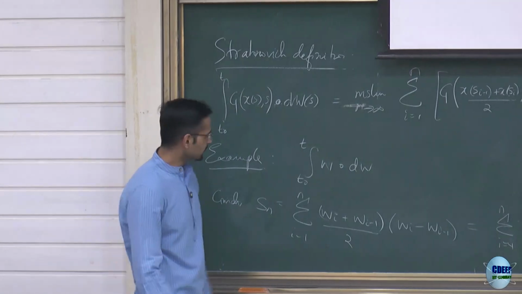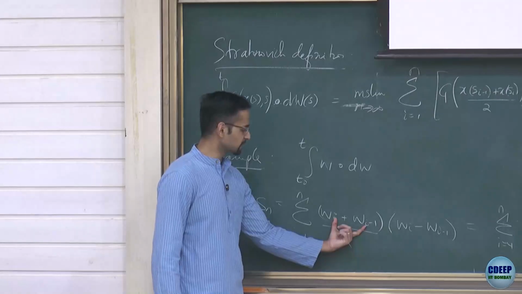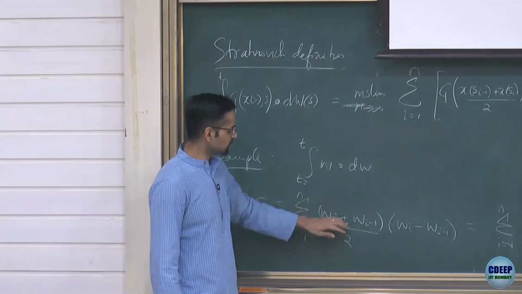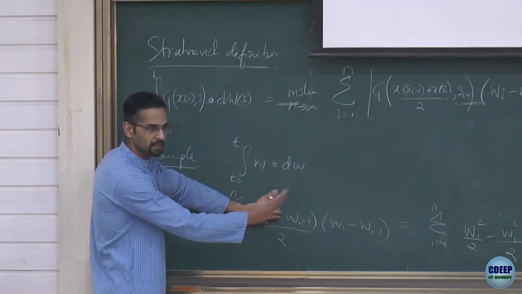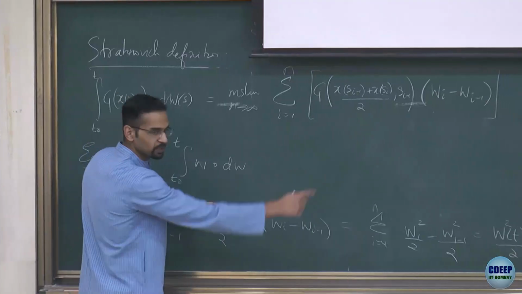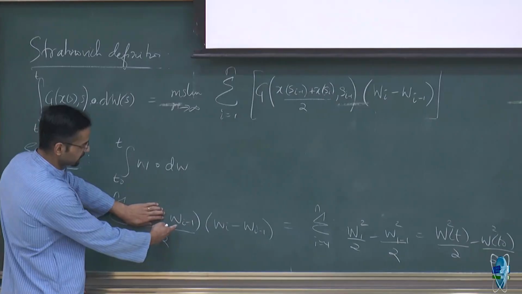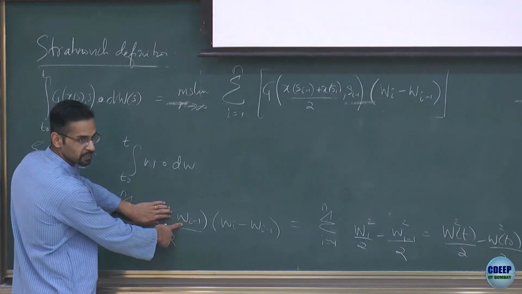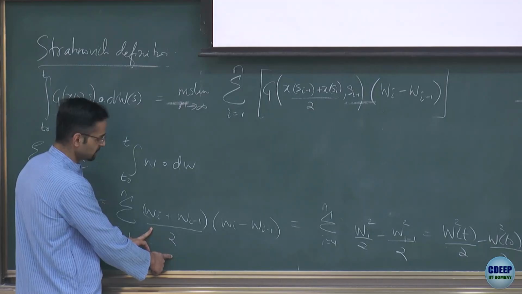So the whole difference lies in where I evaluated the W. In the Ito case, this was just Wi minus 1, and I couldn't do anything with it. Then I expanded this, completed the square, and that threw out this answer, but with the t minus t naught by 2. But now, in the Stratonovich case, I don't use W at i minus 1; instead I take the halfway mean.